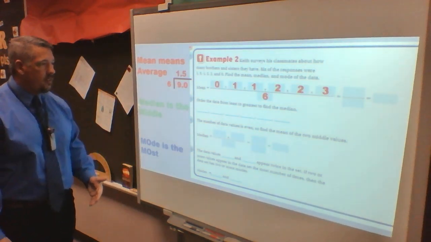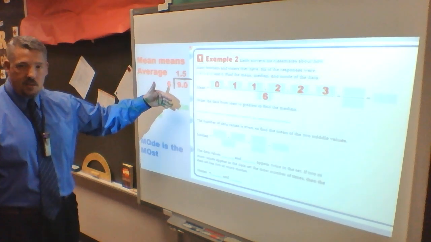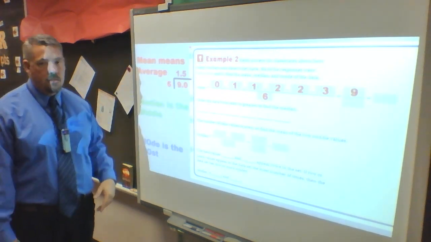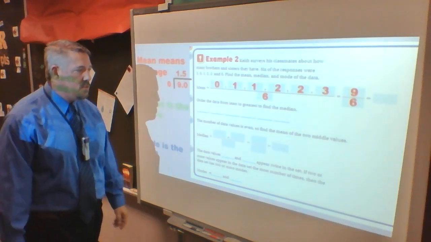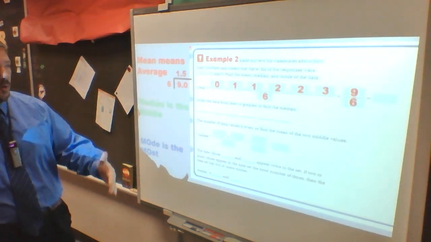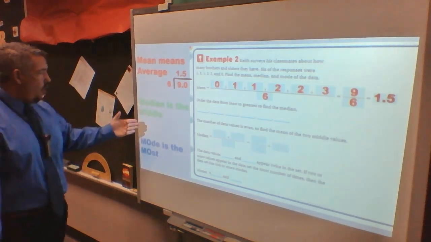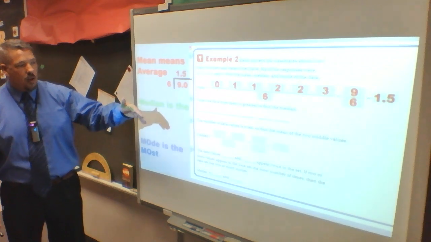We're just simply saying that out of those 6 students, there were a total of 9 siblings, and that average is 1.5 siblings. So I get my 9 as my total, divided by my 6, which is my denominator. 9 divided by 6 does give me 1.5.